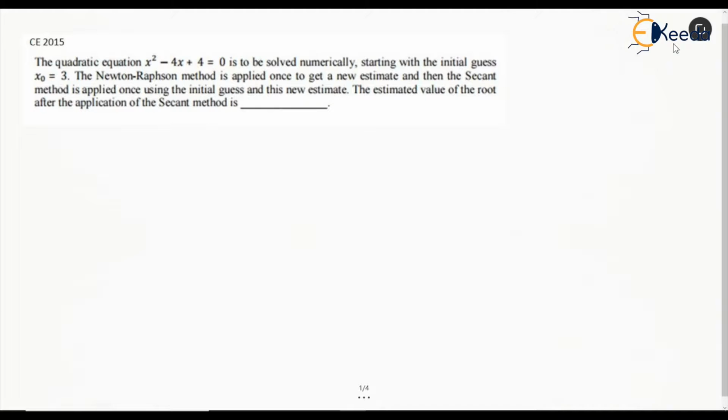This is the initial value, this is the function value, and the Newton-Raphson method is applied once to get the new estimate, and then the second method is applied once using the new guess value, the estimated value after the application of the second method.